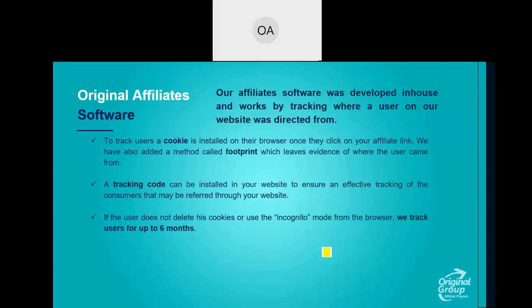Okay, and right now, the life period of the cookie itself is 6 months. We did have it at 365 days, but we feel that that's also causing certain mistakes or glitches within the tracking software itself.